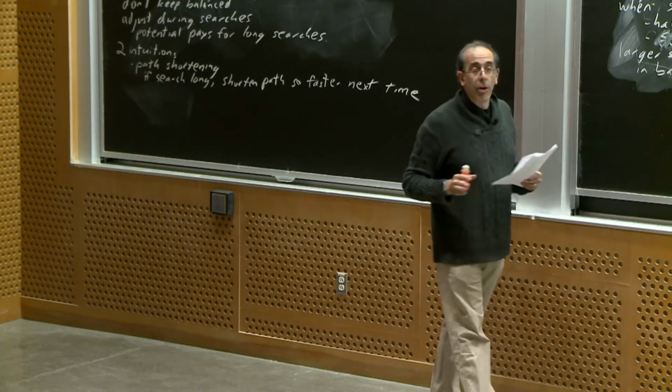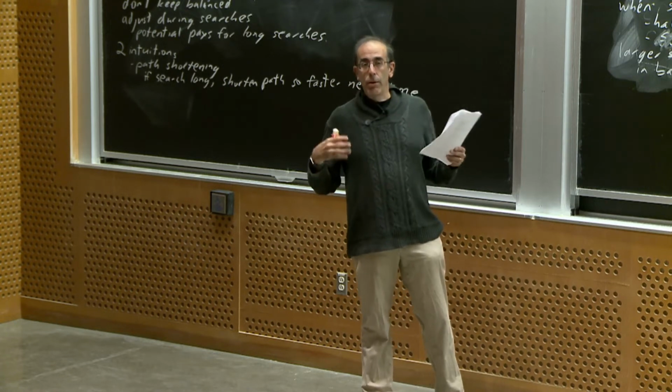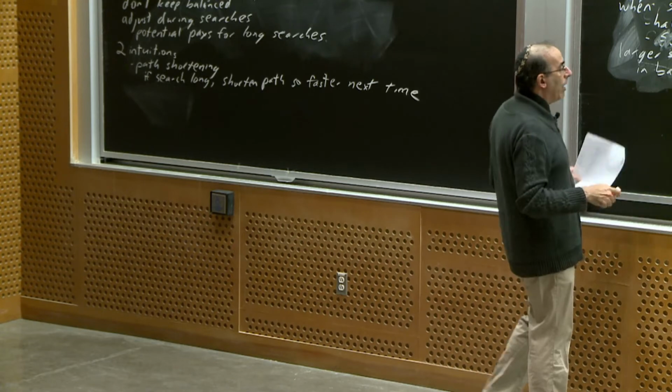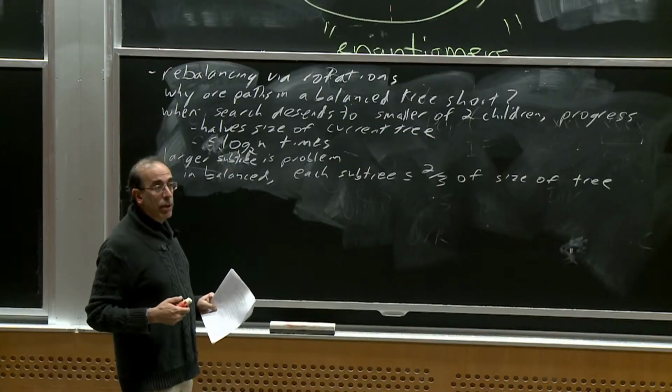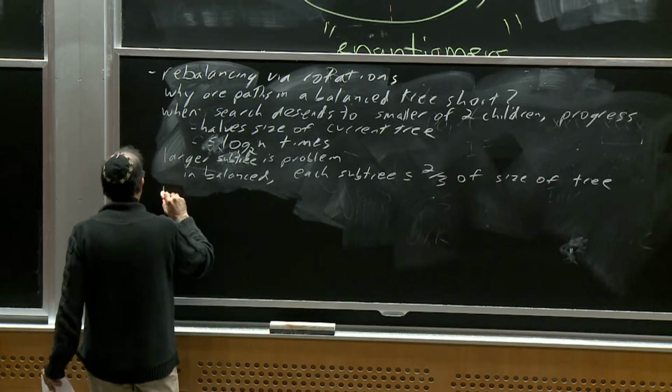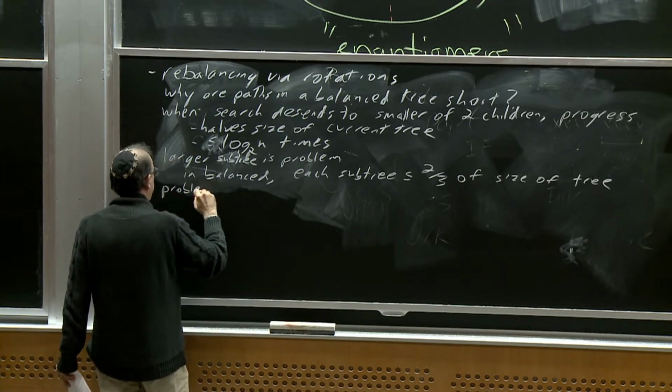So the problem with a bad search tree or a bad search happens if you have an excessively large subtree too frequently.